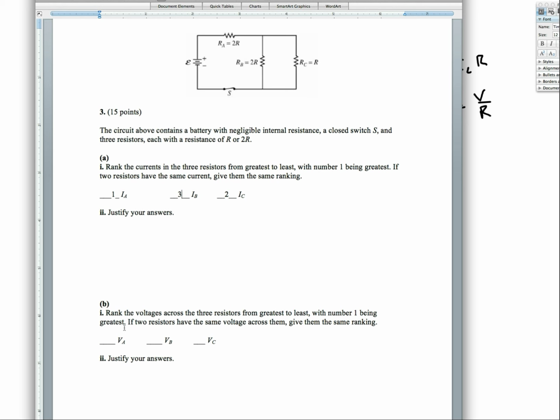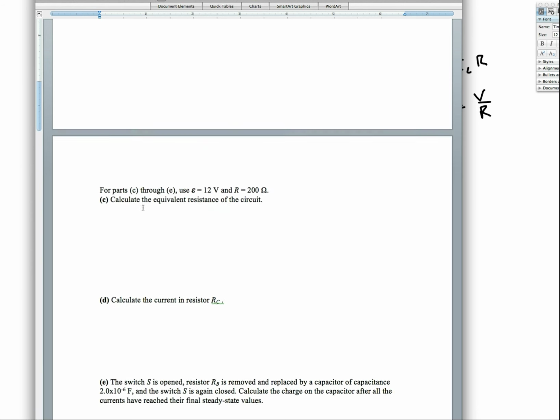So your rankings here would be 1, and then 2, and then 2. For justifying your answer, you could state Kirchhoff's loop rule says that the voltage drops across the entire loop have to sum to 0. And if you calculate your equivalent resistance, and this resistor has the greatest amount of current, it also has the greatest amount of voltage.